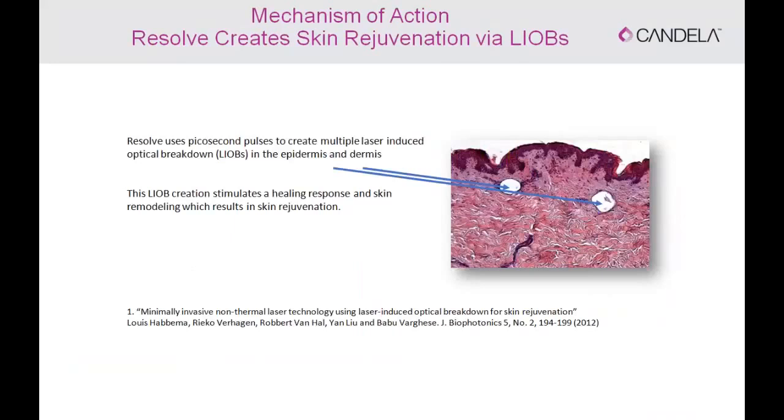These are created through plasma formation, and we know now that melanin is the absorbing chromophore that absorbs these wavelengths and therefore ejects an electron and generates these structures that we refer to as LIOBs, predominantly occurring in the epidermis, but also shown in the dermis.